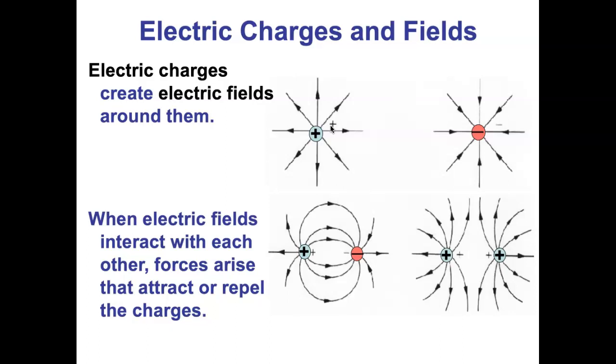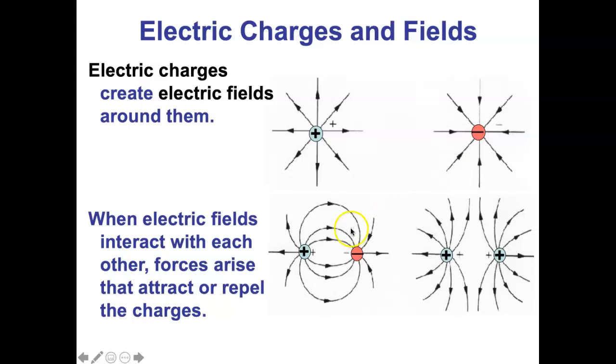And usually we denote this when you draw an electric field diagram, by convention, we've said, okay, so the field created by a positive charge will point away from the charge, and the field around a negative charge will point toward the charge.